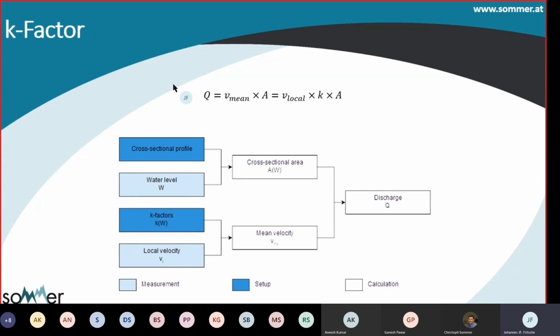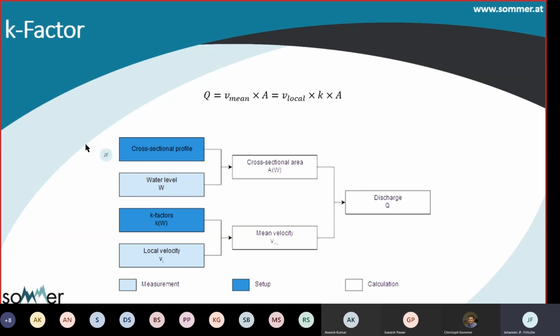So this relates to the discharge value. The water discharge Q is the mean velocity times the cross-sectional area. And if we introduce the K factor, which is the ratio of the mean velocity to the local velocity, the discharge formula translates to local velocity times the K factor times the cross-sectional area.